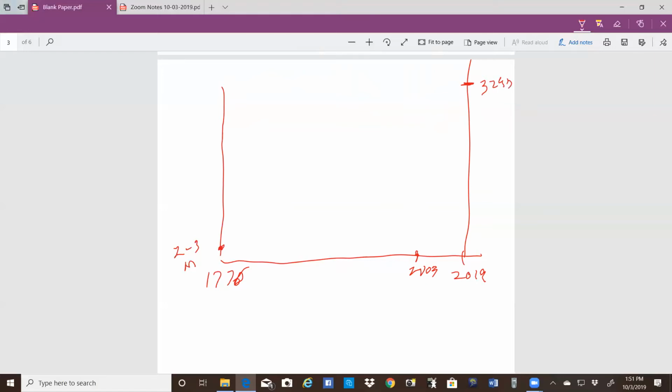In 2003, it had just hit 300 million. And so there was a curve here of it going up pretty fast, and it was pretty close to being exponential.